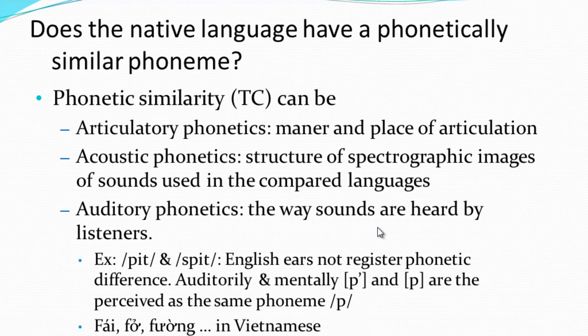Now, about 2 or 3 years ago, when Alexander Roth first came to Vietnam, he started to record the Vietnamese sounds, what we call inventorizing the sound system of Vietnamese.